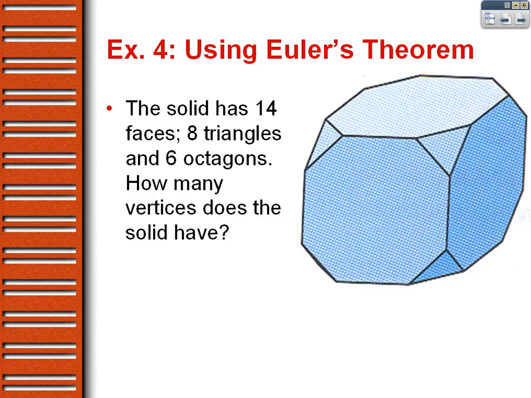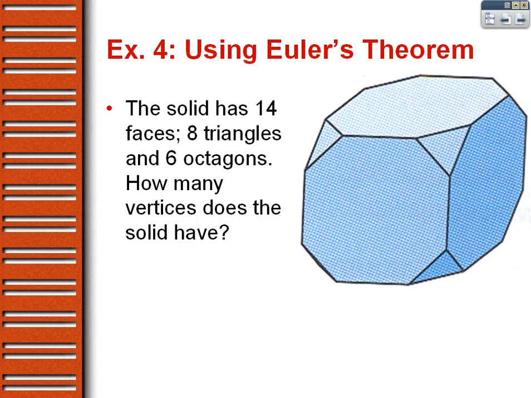How many sides are there on each of these triangles? 3. Each of the octagons has how many? 8. So I'm going to get a total of 8 times 3 plus 6 times 8, right?